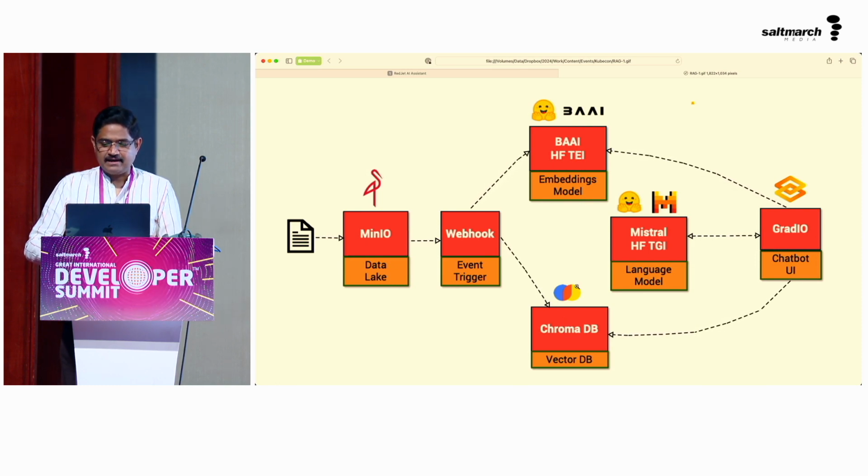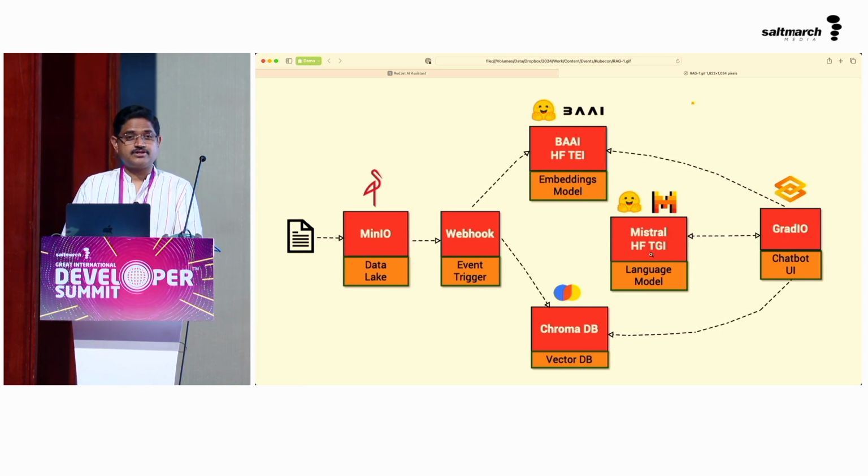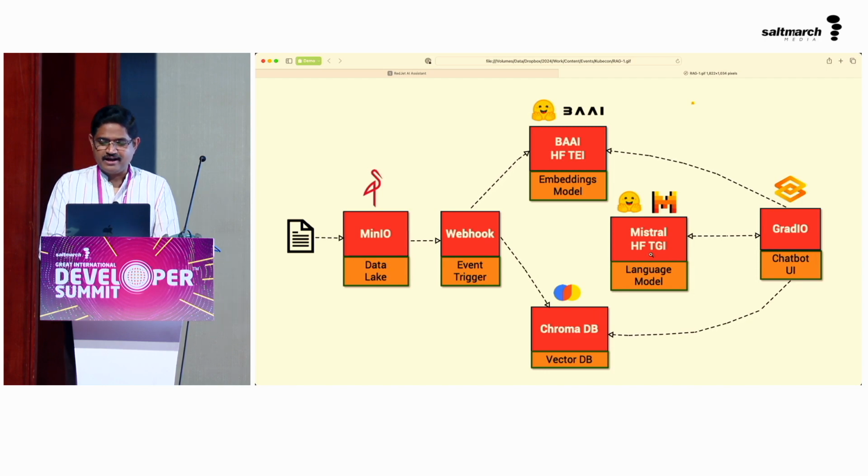So once that is done, I have the chatbot written in Gradio. Gradio is a framework to develop chatbot UI. So I built a Gradio app, and my LLM is Mistral 7B. That's all I can run on my consumer grade GPU cloud. So as soon as a query is input, that query is sent to the embeddings model. We vectorize the query, and then we perform a search in ChromaDB for similarity.